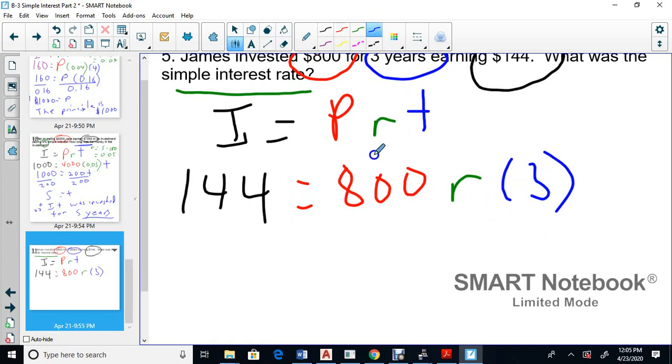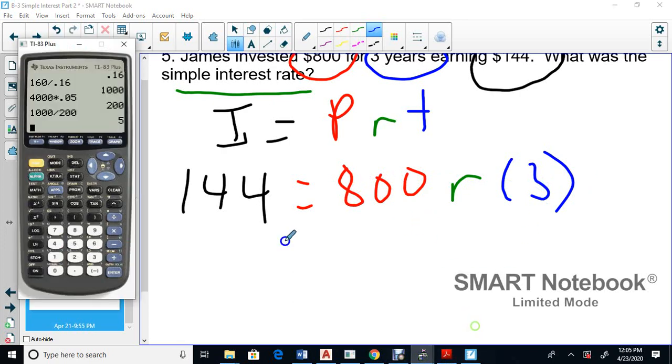A little bit trickier because we got the 800 here and the 3 here, but we can still go 3 times 800, or 3 times 8 and add 2 zeros. But we'll go to our calculator, 800 times 3. 2,400.